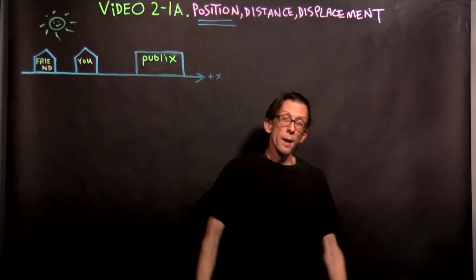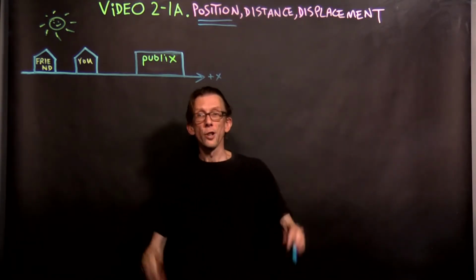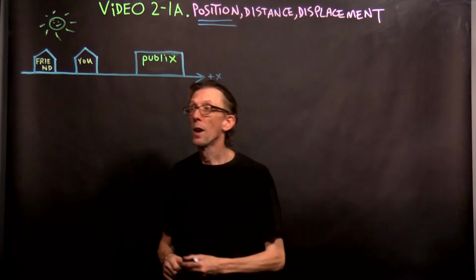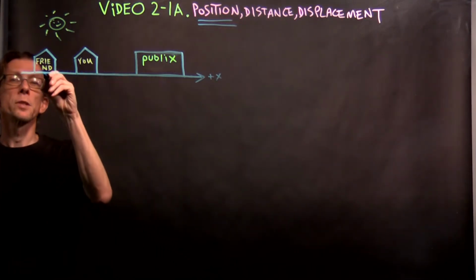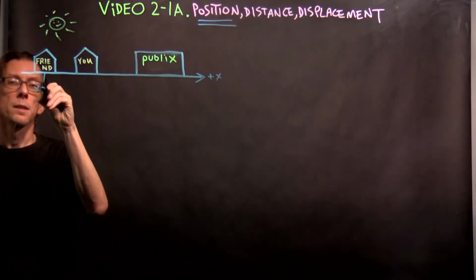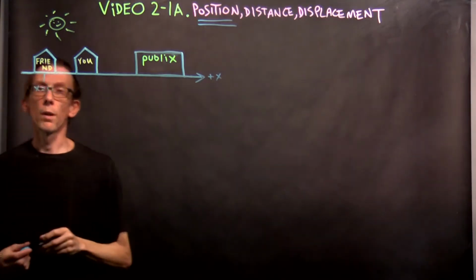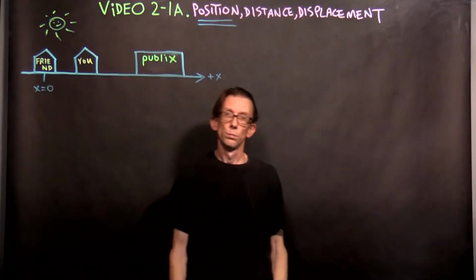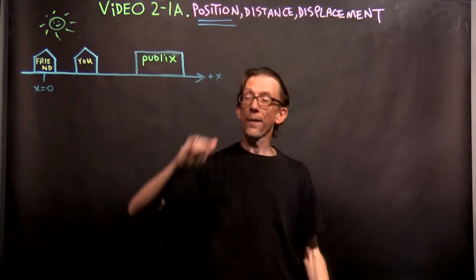And all number lines need an origin. Okay, so let's call your friend's house x equals 0. That's the origin of our number line.